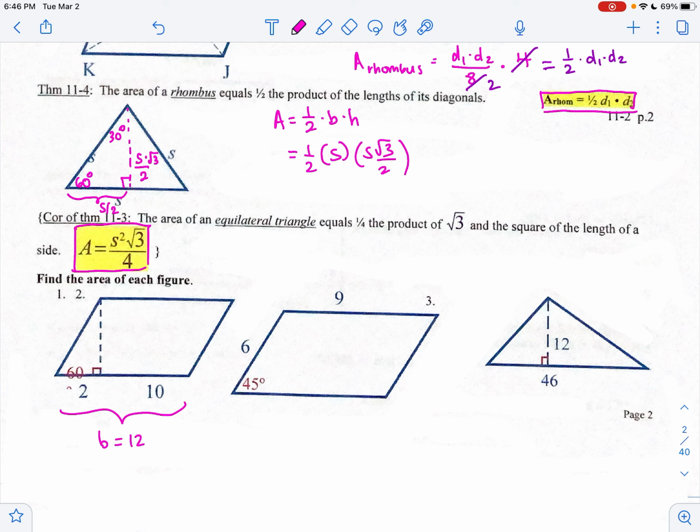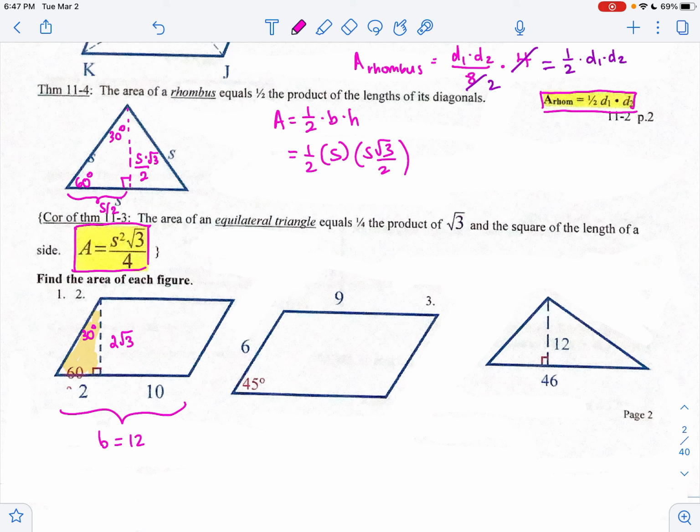Now, if I wanted to figure out what the height is, I recognize that this is a 30, 60, 90 triangle. I know that because this base angle here is 60, this is 90, so therefore the top angle must be 30. And it looks like I have enough information to conclude that the short leg of that triangle is 2, and then therefore the long leg would be 2 times radical 3.